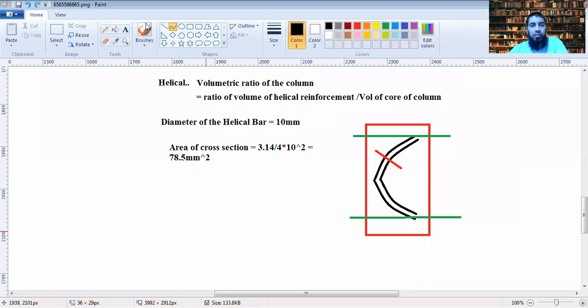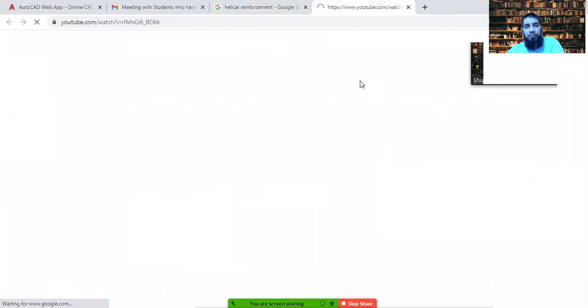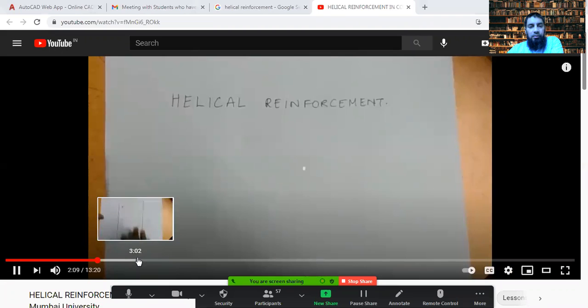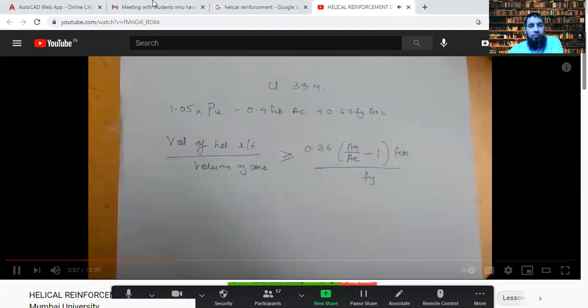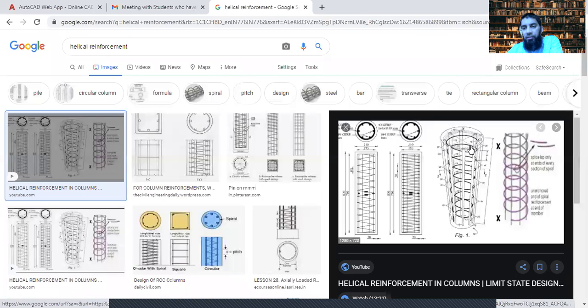So this is helical reinforcement. Take that into consideration too. So you can see in this picture the winding going like this.